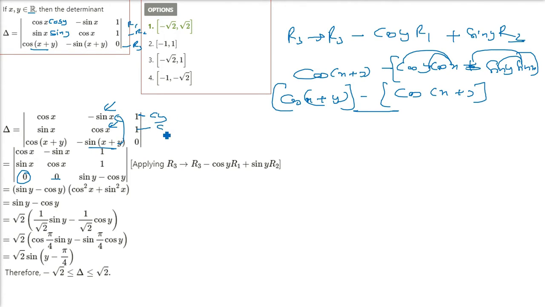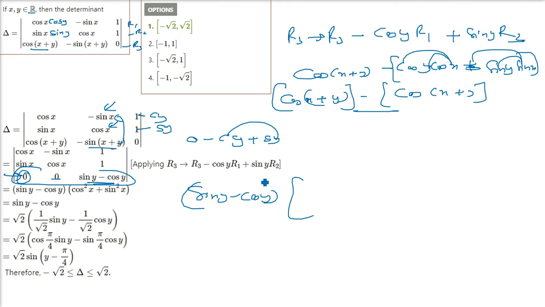And the third column, it will be cos y with first one, sin y with second, so you get 0 minus cos y minus sin y. So that will be sin y minus cos y. Okay. Now we'll use the third row to open it. Third row, so sin y minus cos y.